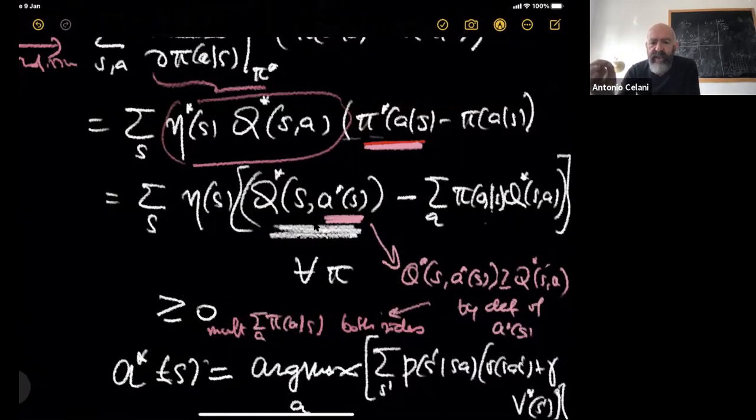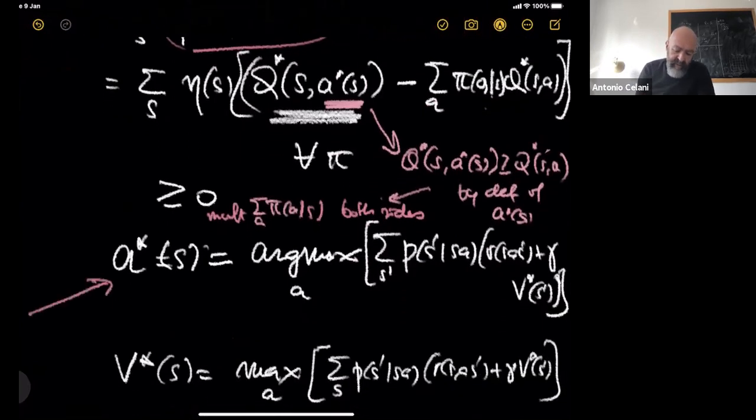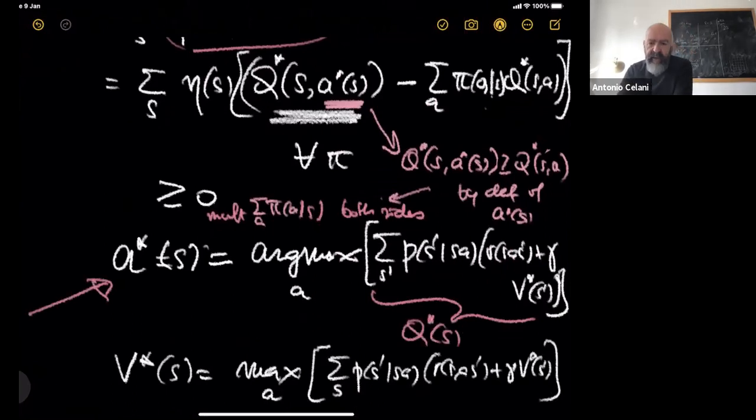So what does it mean overall? It just means that the optimal action must be this one, where this object here is just my Q star of S, A.